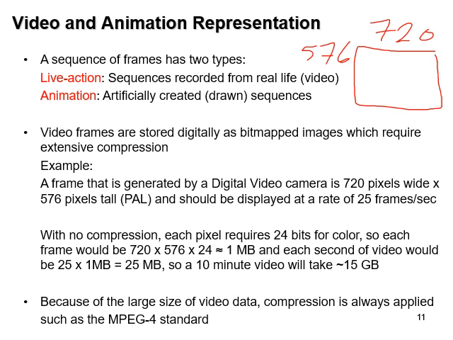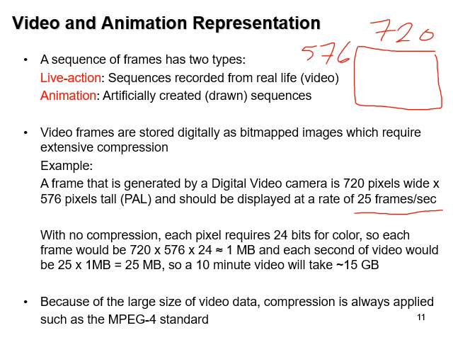So we have 576 rows and 720 columns. Let's assume we display that video at a rate of 25 frames per second. So every second you're displaying to the user 25 frames.